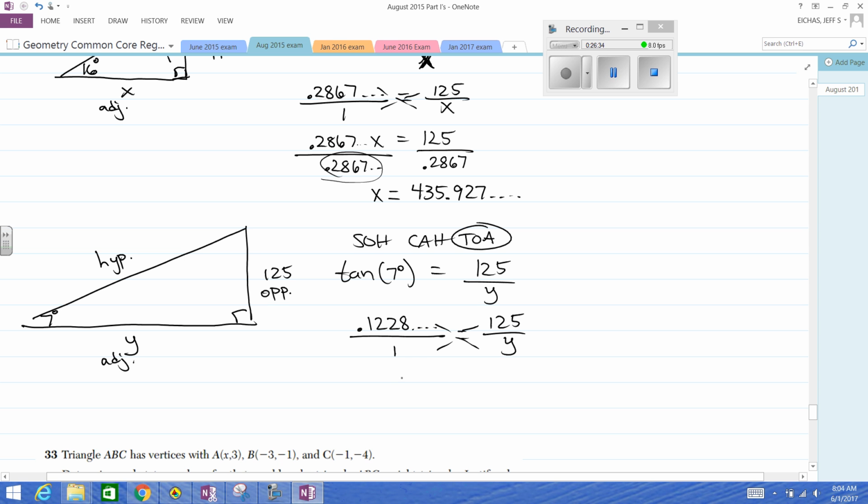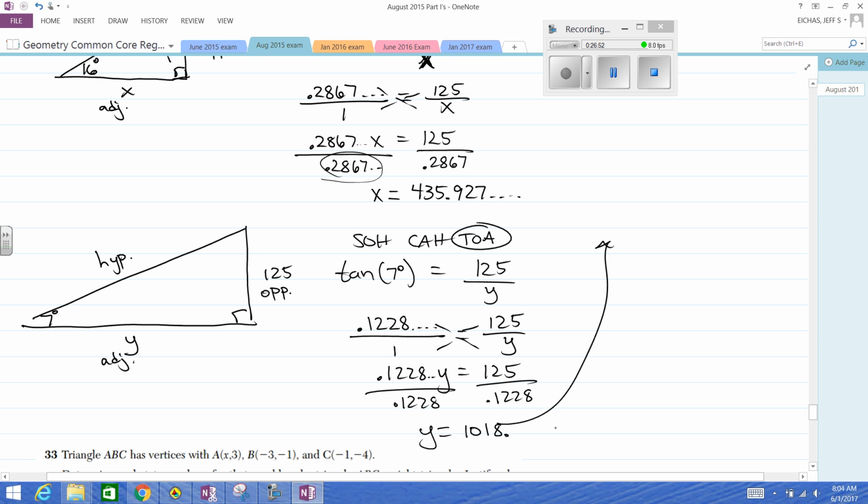When we cross multiply, we get that mess, and we're going to divide. So now y is going to be approximately 1018.04. All right, now remember we want to come back here.